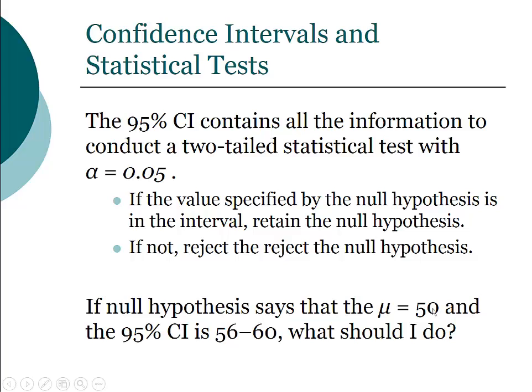So I would reject the null hypothesis in this situation. Anytime your confidence interval falls outside of what the null hypothesis mean says it should be, then you would reject the null hypothesis. And for a lot of people, doing a z-test with confidence intervals makes a lot more sense than worrying about critical values and p-values and things like that.